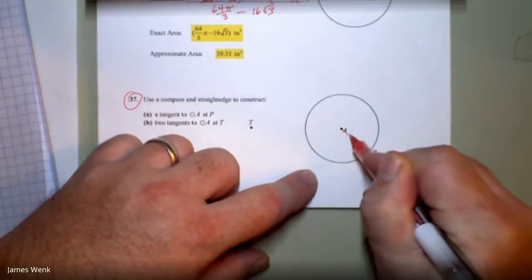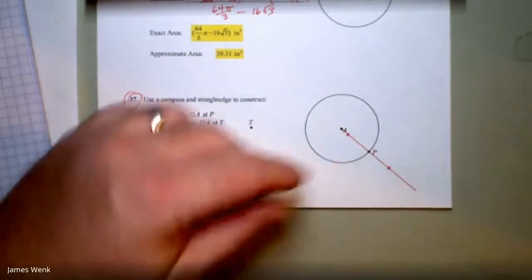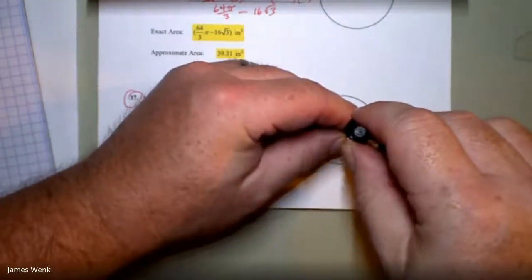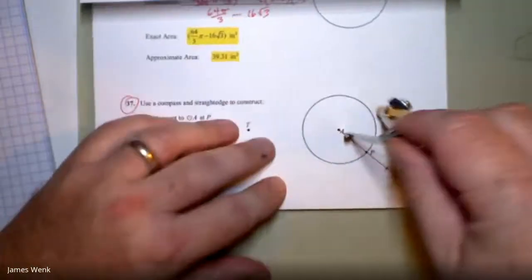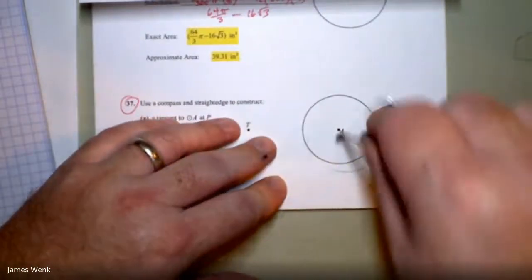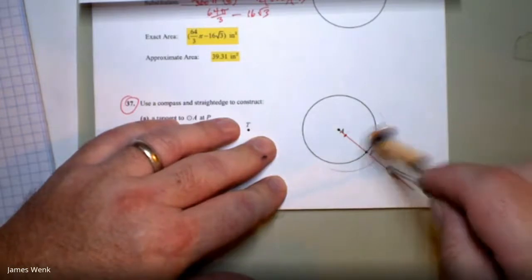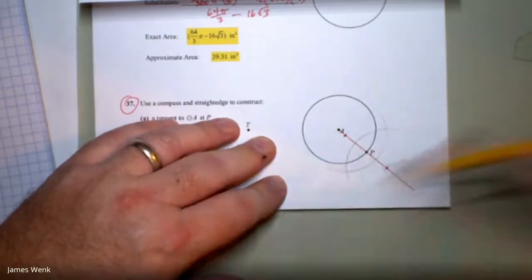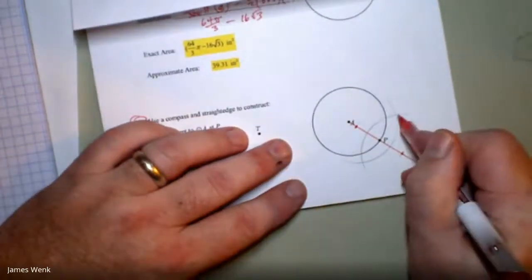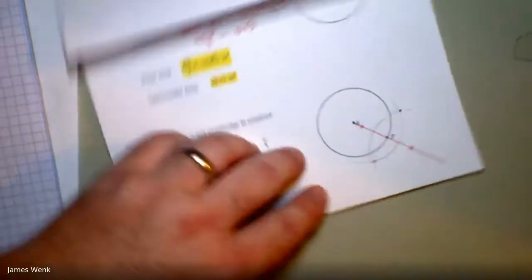Now those points are equally distant from P. Now if I do the fish, I've got to spread it out a little bit more than halfway. If I do the fish now, construct the perpendicular bisector, where those arcs meet, that should go right through P.